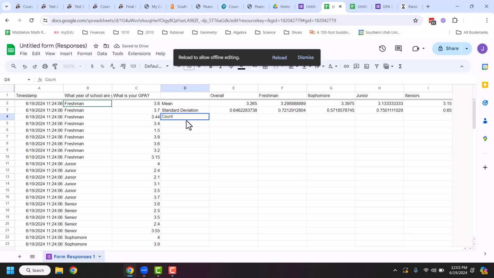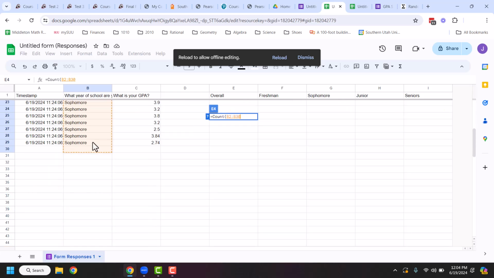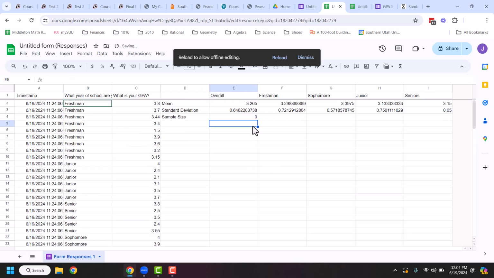So we'll say the count of the number of people that answered my survey, or let's actually call this the survey size or sample size. Sorry about that. So one way you can do this, you can go through and count how many responses you got to your survey, or you can use the function count and just count the number of people that responded. And you have to use COUNTA because that counts it even if they're not numbers. So that tells me I got 28 responses in my data set.